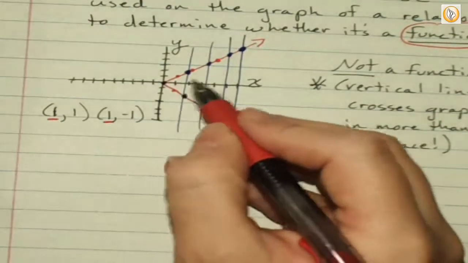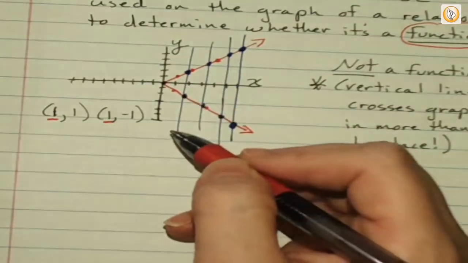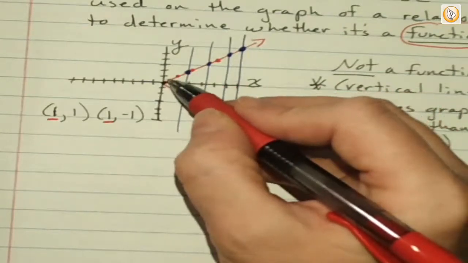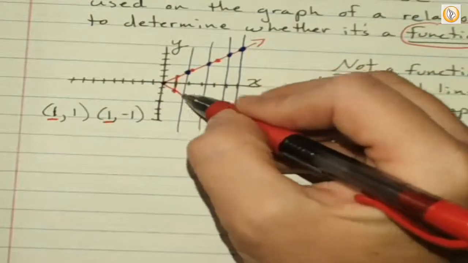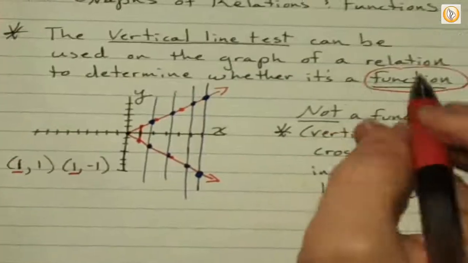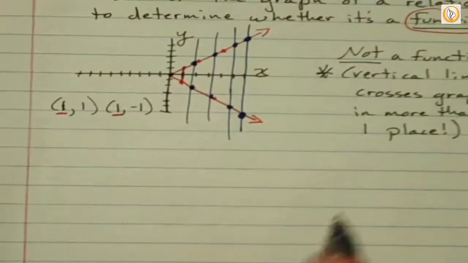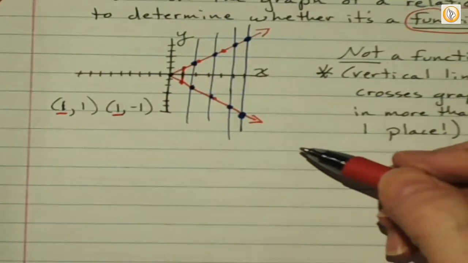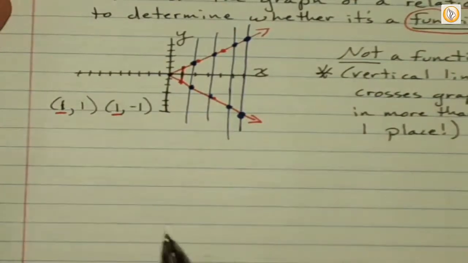But sometimes they're not going to give you the little dots and everything. You're going to have to be able to look at it and say, yeah, this line crosses at the same x point as the other one. Therefore, it's not a function because you can't have repeating x's. Vertical line test is nice because you don't have to get into that much detail. Okay? All right, let me show you another one.